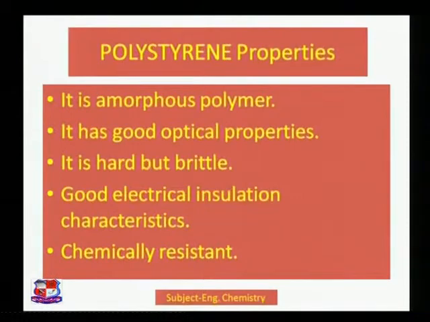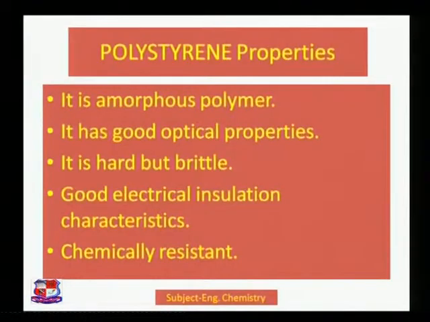Then we have that polystyrene has good electrical insulation characteristics. It means it is acting as a good electrical insulator. Then we can see the last point, chemically resistant. It means polystyrene is a little bit resistant to chemicals. So the polystyrene monomer is styrene.